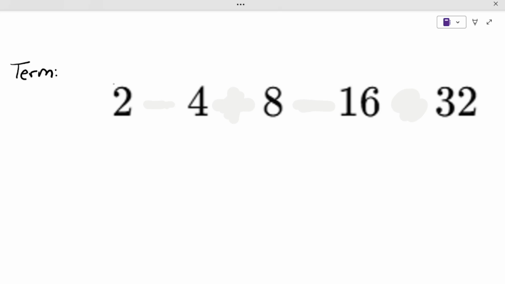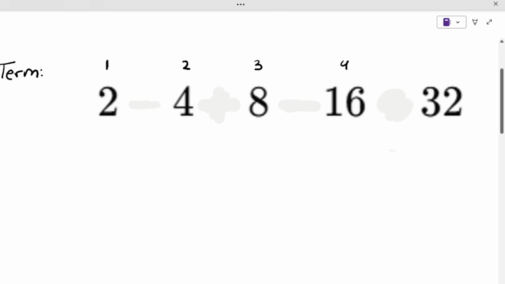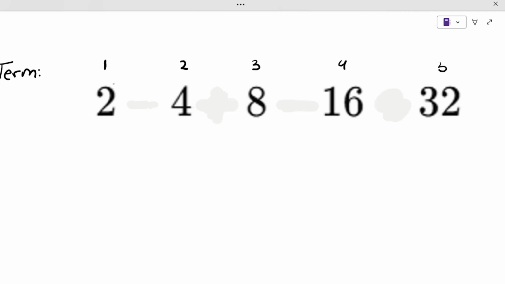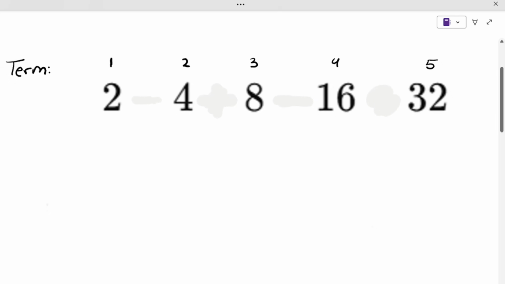And I'm going to define this 2 as the first term, the 4 as the second term, the 8 as the third term, the 16 as the fourth term, and 32 as the fifth term. All I did was add a term number above each constant that we have, all right?